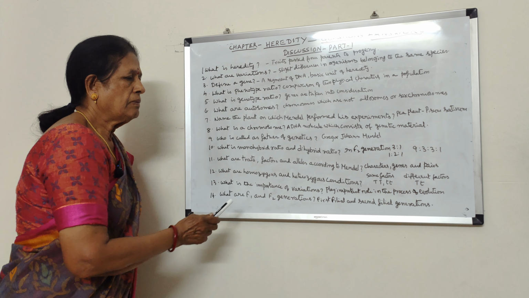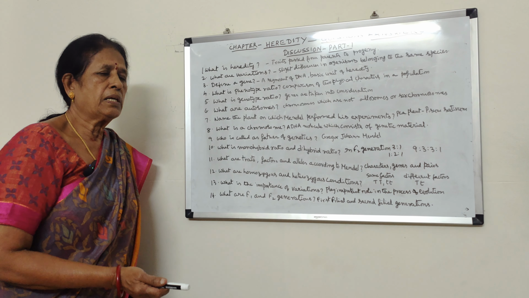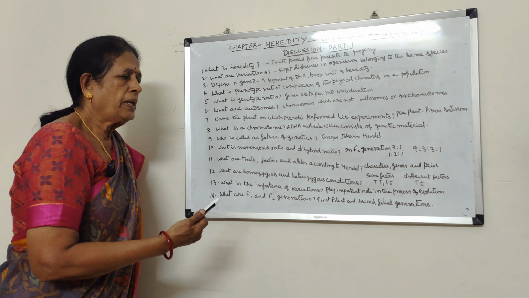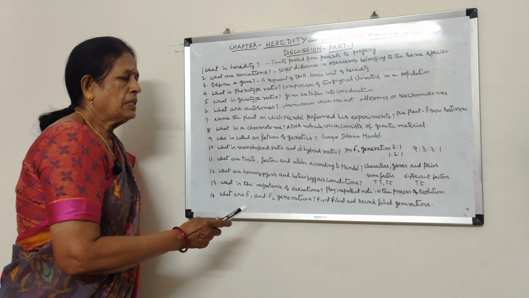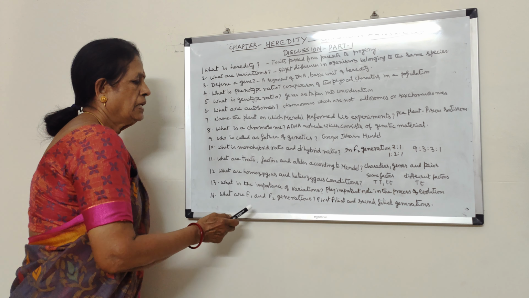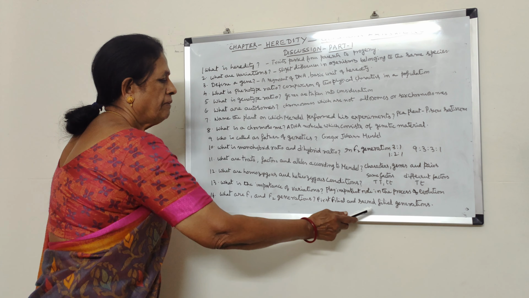But when there are variations, the stronger organisms will survive and the weaker organisms will be eliminated. That is how generation after generation better organisms are formed. Next, what are F1 and F2 generations? F1 means first filial generation and F2 means second filial generation.